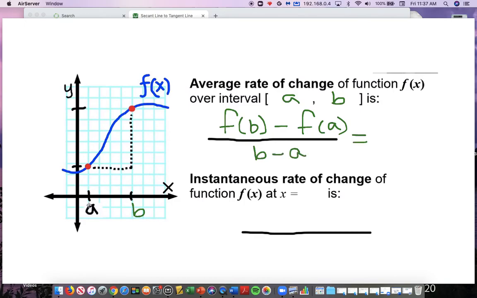That's really just the idea of slope. That's where, if I have this is f of b, this is f of a.